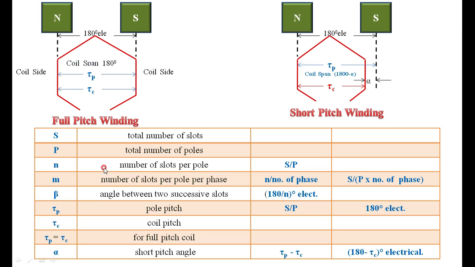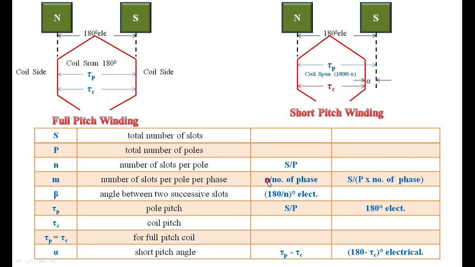Therefore the number of slots per pole is already S by P. Then once again they are redistributed per phase. Therefore if it is 3 phase, it is divided by 3. How are we getting M? N is the number of slots per pole. Then what we need is the number of slots per pole per phase.